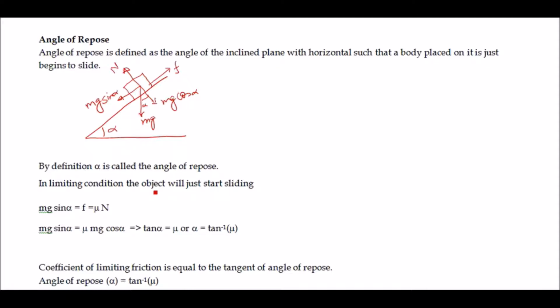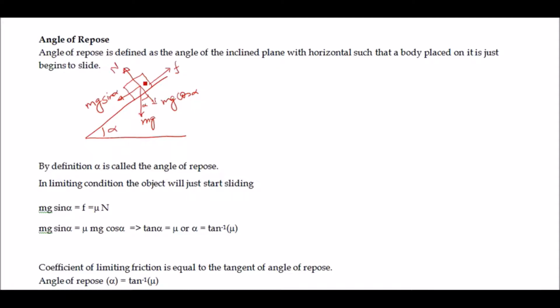So we will calculate this angle of repose. For this I have drawn the free body diagram of the system. This mg force will act in downward direction. We break this force into components, mg cos alpha and mg sin alpha. This normal force is equal to mg cos alpha, and the frictional force acts in the backward direction along the plane.